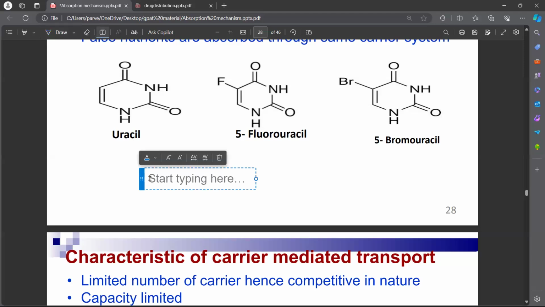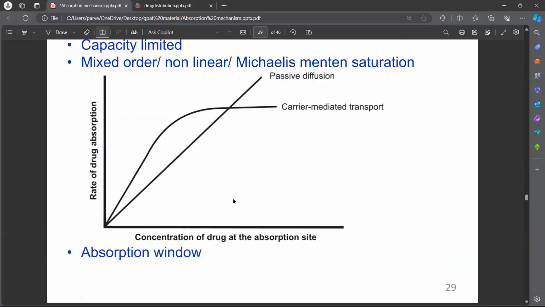Non-linear pharmacokinetics is also known as saturable pharmacokinetics.